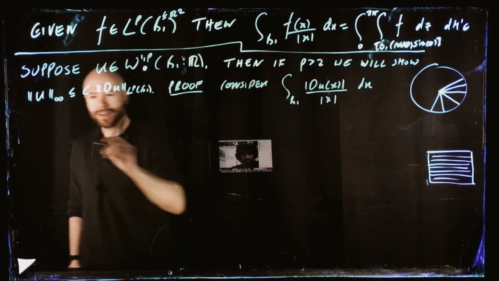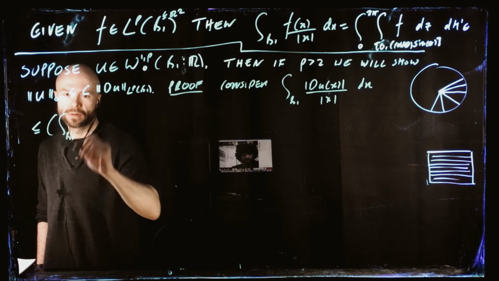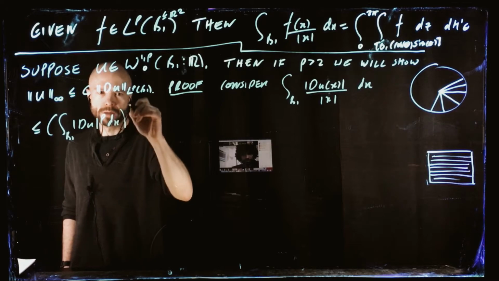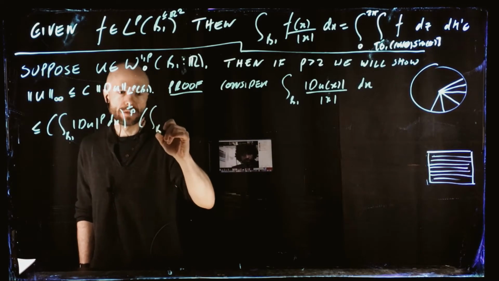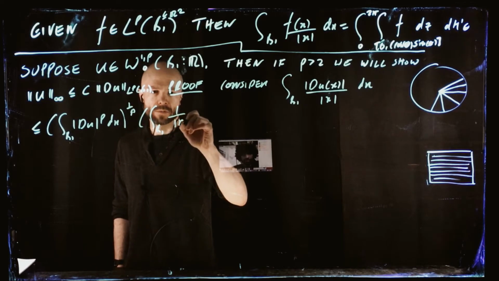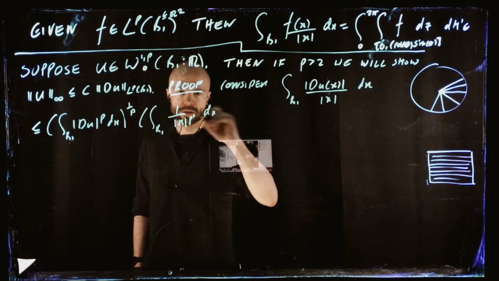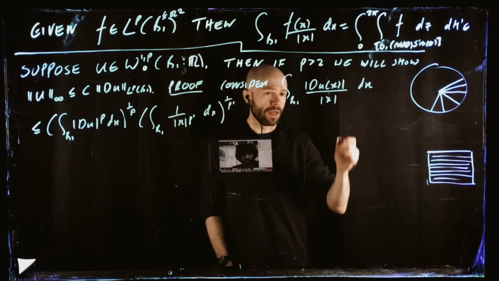So this is less than or equal to the integral of the gradient to the power p, dx, to the 1 over p, and then the integral of this thing, 1 over mod x, to the p prime, the Holder conjugate, to the 1 over p prime. I'll write down what this is in a second.